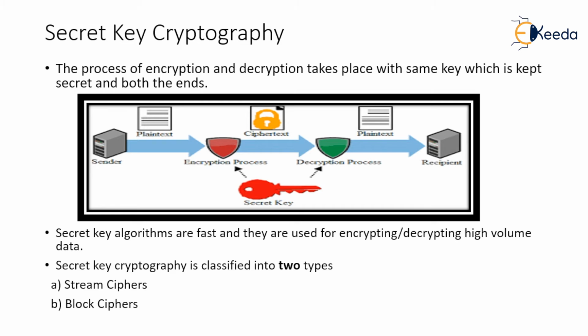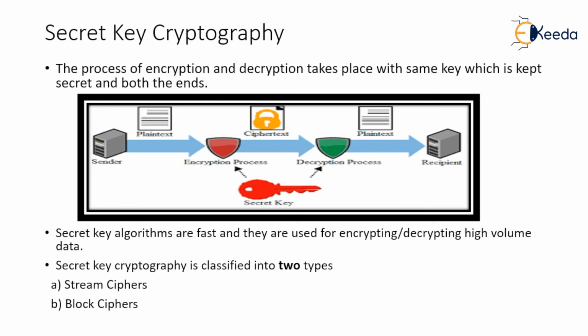So, when the sender is converting the plain text into the ciphertext, the encryption process takes place, and the encryption process takes the help of the secret key, with the help of which the plain text gets converted into the ciphertext.